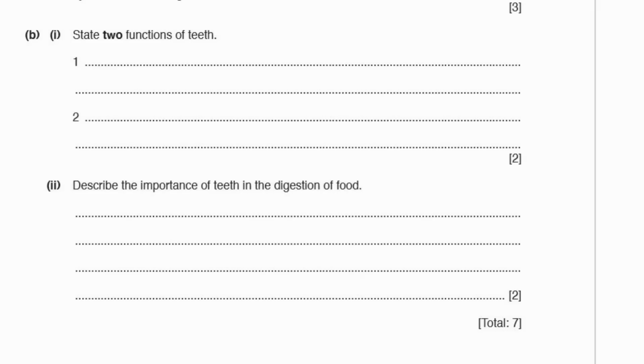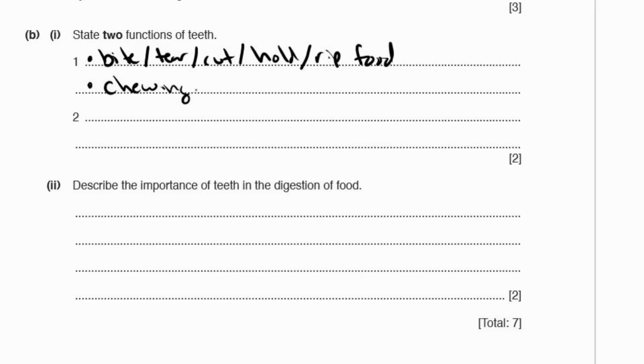B1, state two functions of teeth. All right, so there's a few things you can write down. One, because these are really the same thing, you can say it's to bite, or to tear, or to cut, or to hold the food, or to rip the food. Another thing you could say is chewing, grinding, crushing, or producing smaller pieces for mechanical digestion.